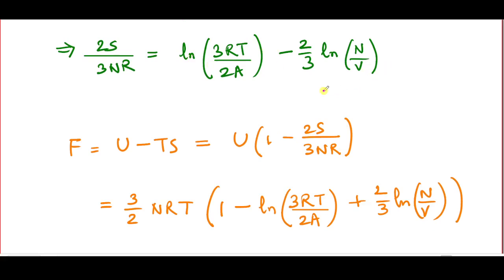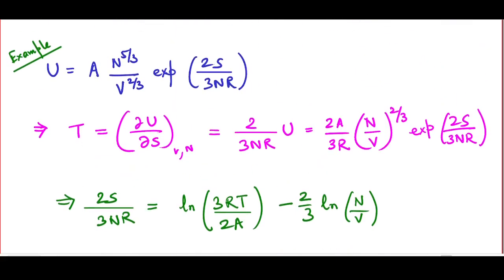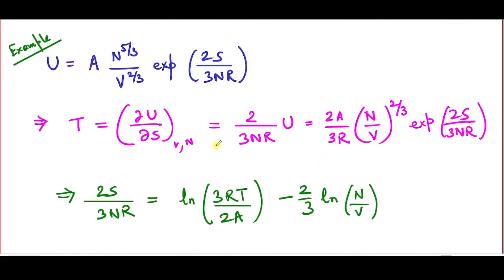But we also need to remember to rewrite U as a function of N, T and V. And we already know that that is 3 by 2 nRT. Something which we had figured out earlier as well as something which we could figure out simply from this expression that U is 3 by 2 nRT.